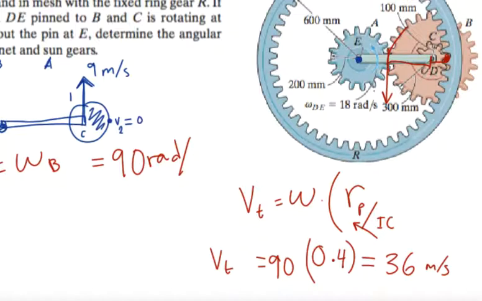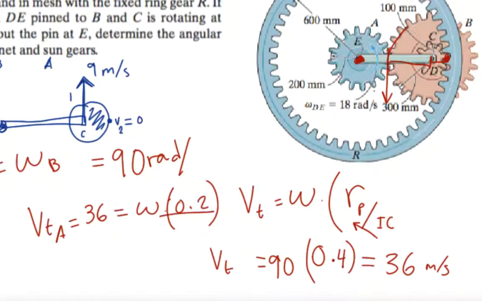So the tangential velocity of gear A, VTA, is equal to 36, which is equal to omega, what we want to find, times the R vector going from the center. Here the instantaneous center of zero velocity happens to be the center because it's fixed. It's not translating in motion. Thus the R vector is the radius, which is here 0.2.